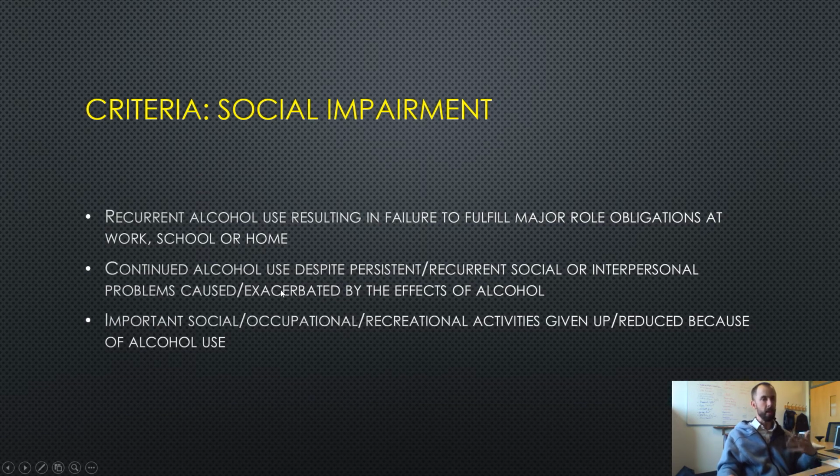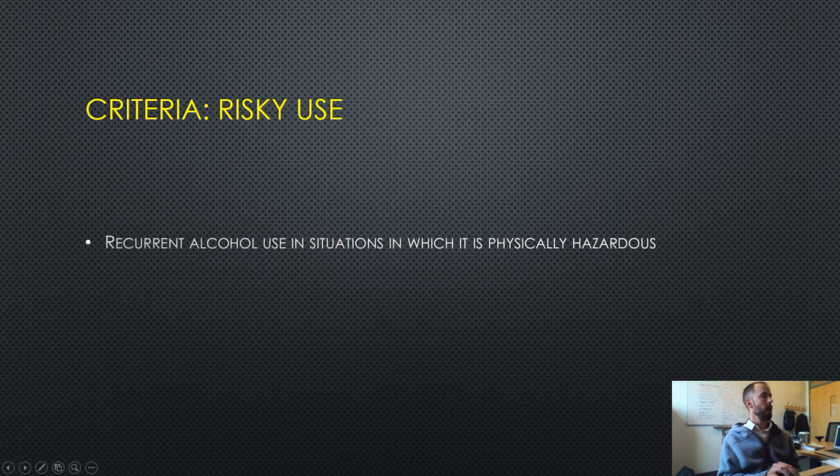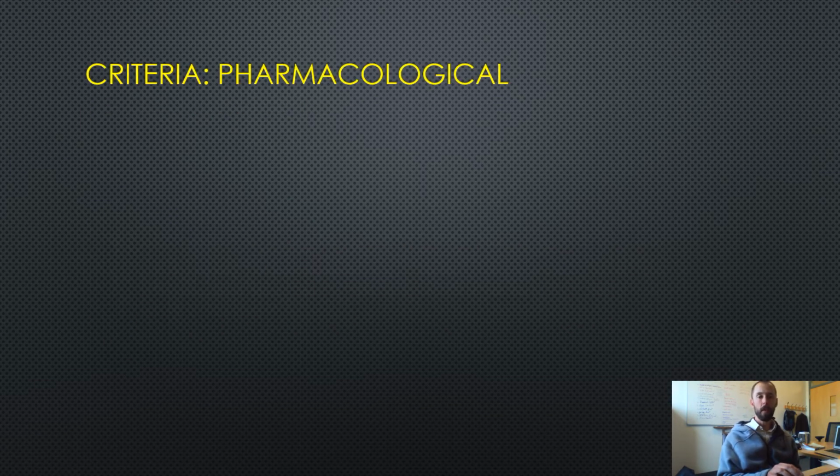So your wife really doesn't like it, but you keep drinking. She's threatening to leave you, but you keep drinking. Or you give up certain things. I used to go for runs in the morning, but I gave it up because I drink every night and it's just tough to wake up in the morning. That would be 3.